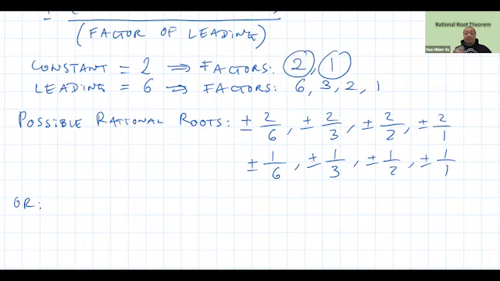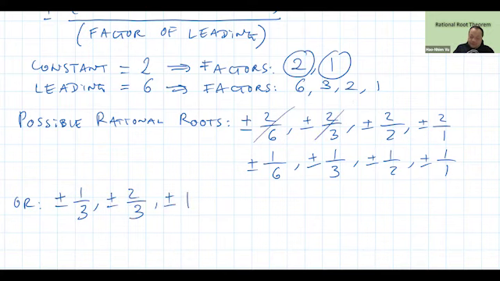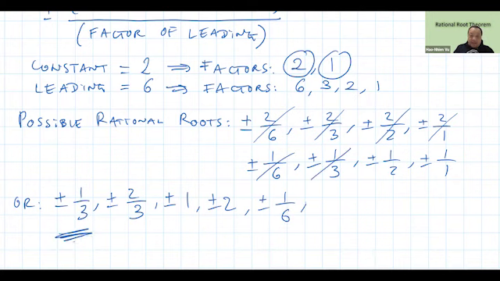And now I take this list and simplify them. Plus or minus 1/3, plus or minus 2/3, plus or minus 1, plus or minus 2, plus or minus 1/6, plus or minus 1/3, but I already have that, so I'm not writing it down again.